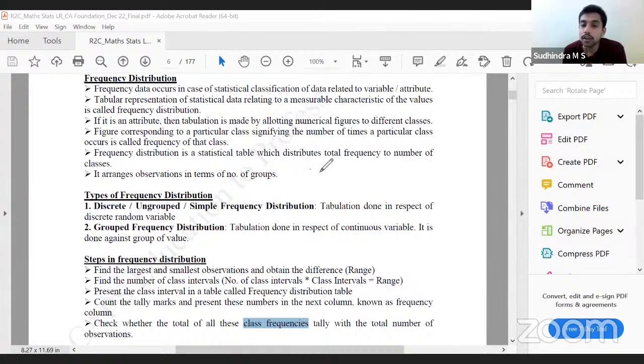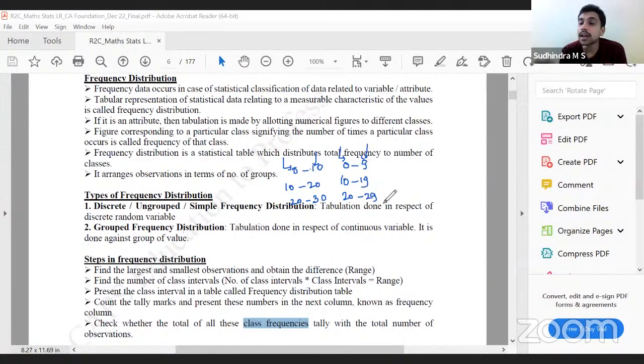So if we have 0 to 10, 10 to 20, 20 to 30, mutually exclusive information, lower class limit is 0, upper class limit is 10. Or if we have 0 to 9, 10 to 19, 20 to 29, mutually inclusive class intervals, still lower class limit is 0, upper class limit is 9. Right? That is class limits.